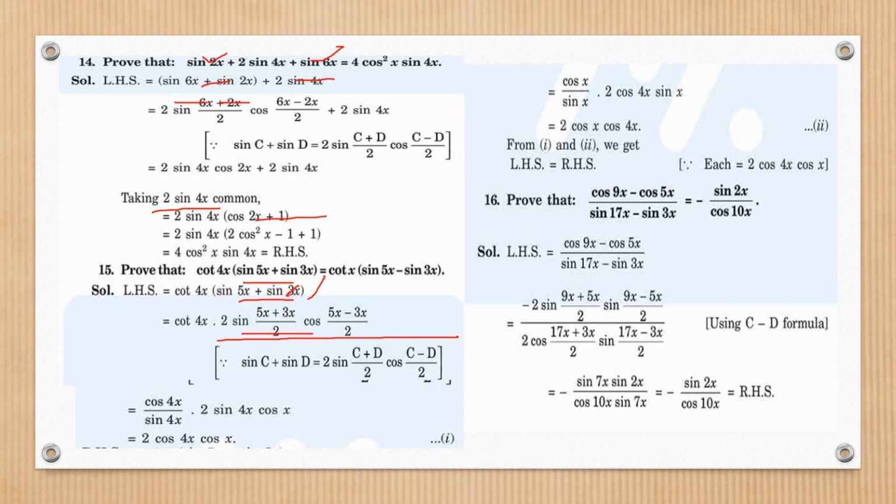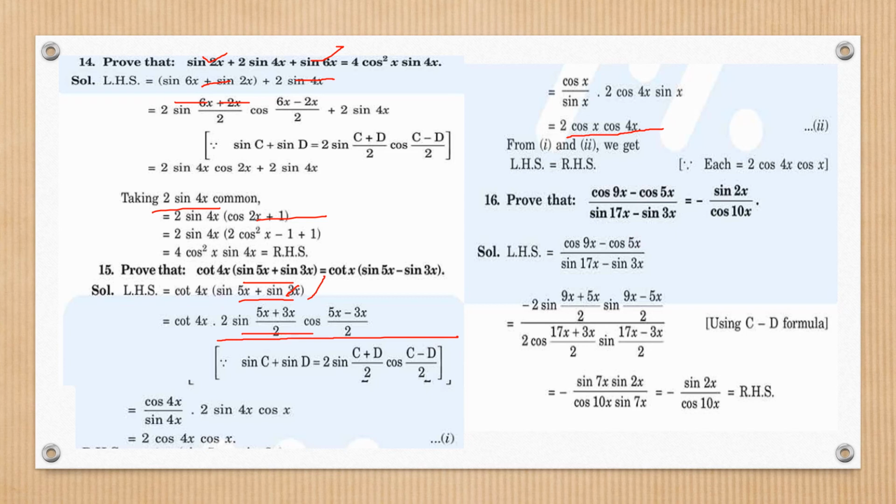In the second case, here also you will get your cos upon sin, and this is your sin minus sin, which is 2 cos((a plus b)/2) sin((a minus b)/2). So you get 2 cos x, and here also you will find this is your sin 4x and this is your cos x. So this cos 4x upon sin 4x will cancel, and you will again get both equation number 1 and 2 the same.